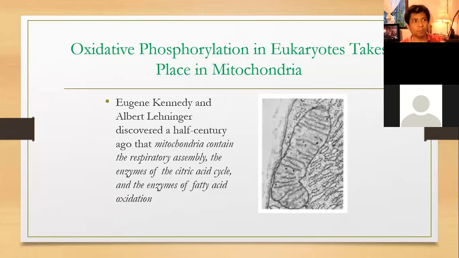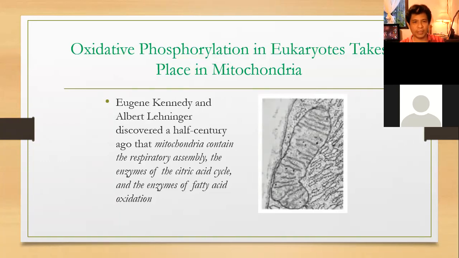So kung natatandaan nyo pa yung mitochondria, di ba may dalawa siyang membrane, the outer membrane and the inner membrane. Actually yung mga enzyme ng ETS nandoon sa inner membrane, naka-embed doon.